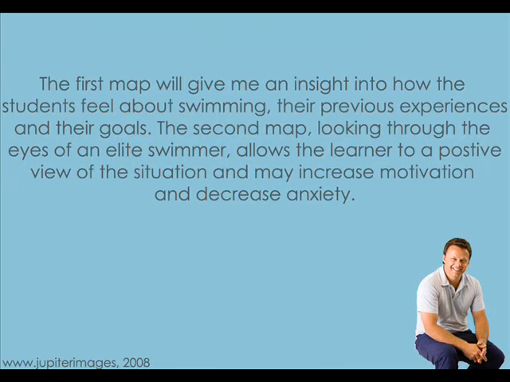The first map will give me an insight into how the students feel about swimming, their previous experiences and their goals. The second map, looking through the eyes of an elite swimmer, allows the learner a positive view of the situation and may increase motivation and decrease anxiety.